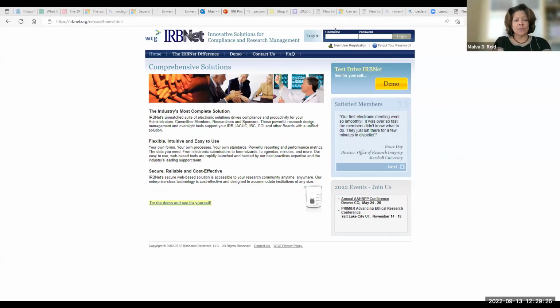Okay, so how did you get there? In the presentation, you saw where I had IRB.net. I didn't have IRB.net.org. It's actually IRB.net.org, and you start right here. For me, I have my password, but if you're a new registrant, you see right here it says new user registration. So you'd start right there, create your new registration, and then you would sign in, and it would direct you to submit.